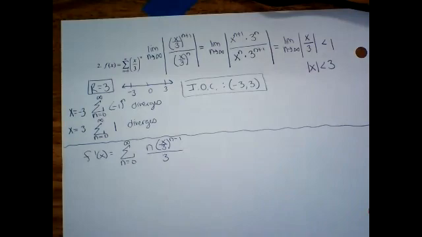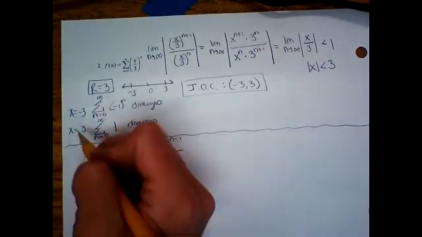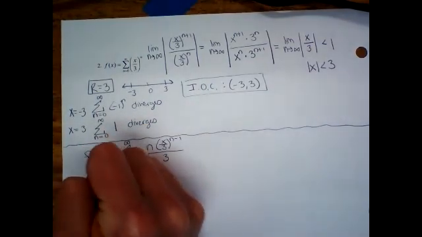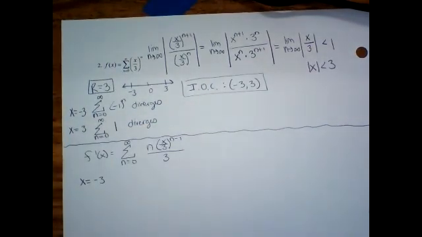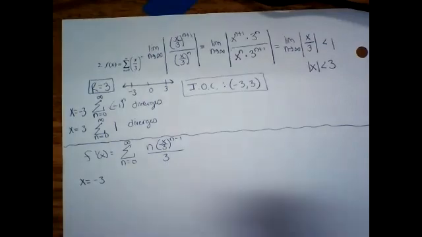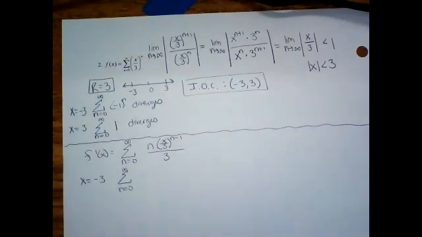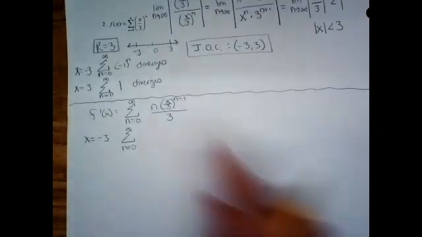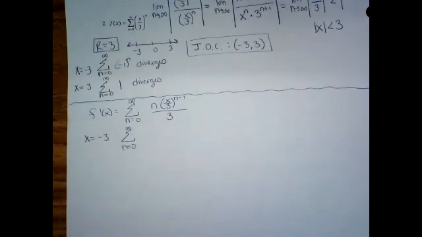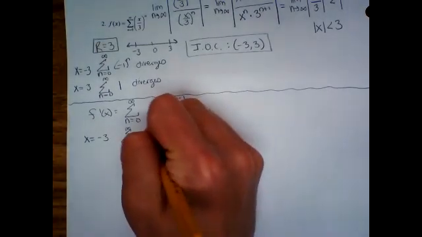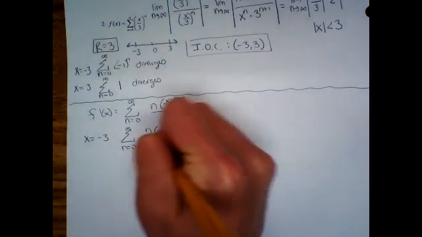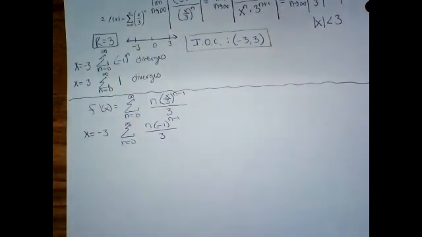But good news, you don't have to do the ratio test again. R is 3. We're just going to check our endpoints. So if x is -3, plugging -3 in for x right there, that'll just be n times (-1) to the n minus 1 over 3.